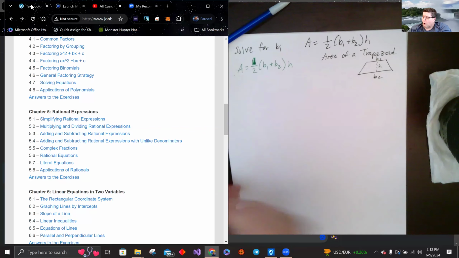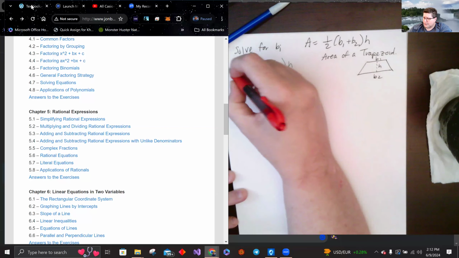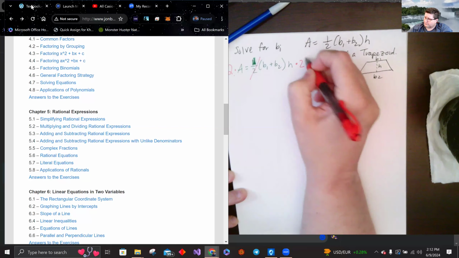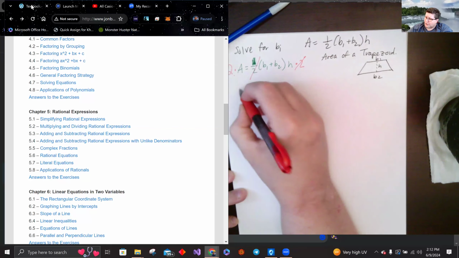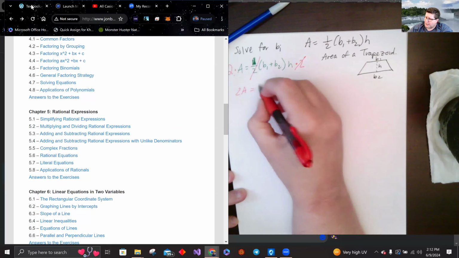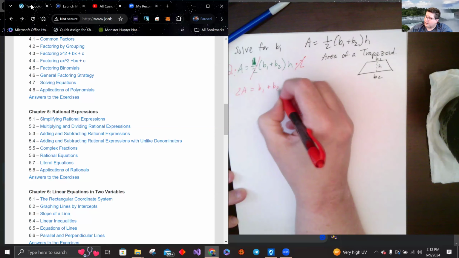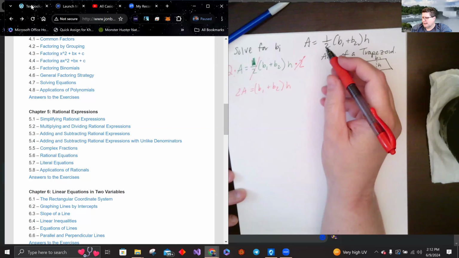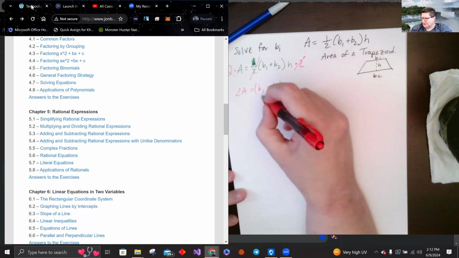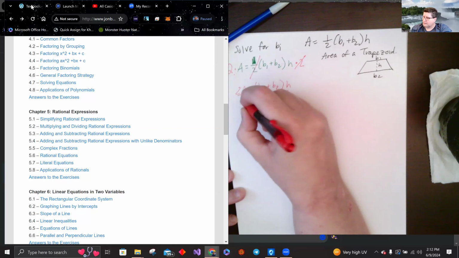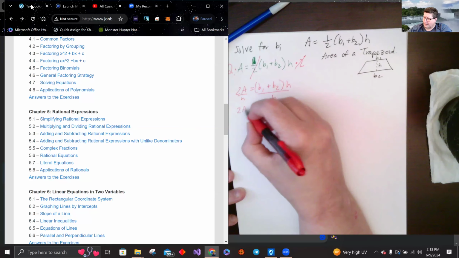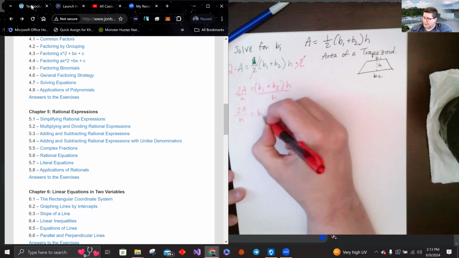So what we can do is if we multiply both sides by 2, it gets rid of the fraction. So now I've got 2A equals B1 plus B2 times H. Then I can divide both sides by H. And I get 2A over H equals B1 plus B2.